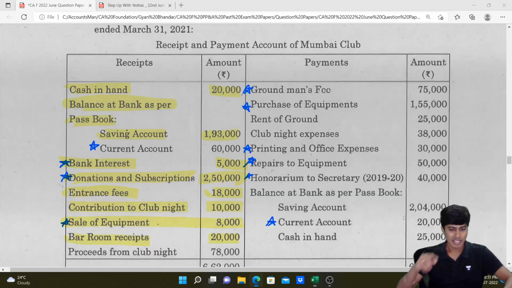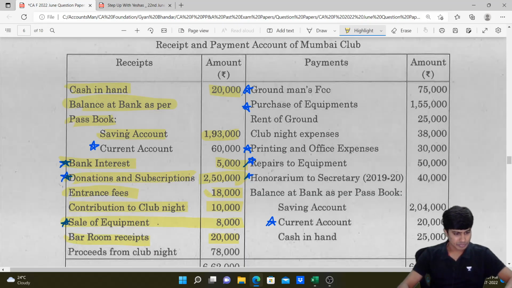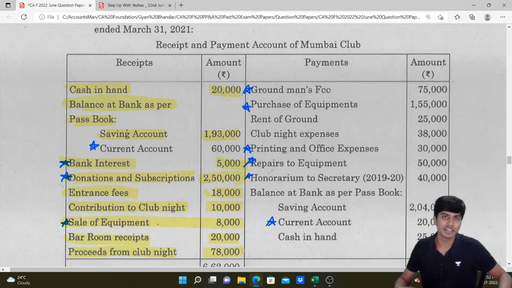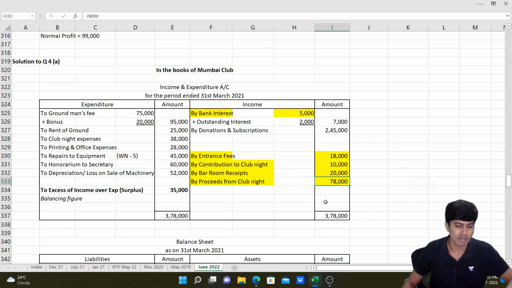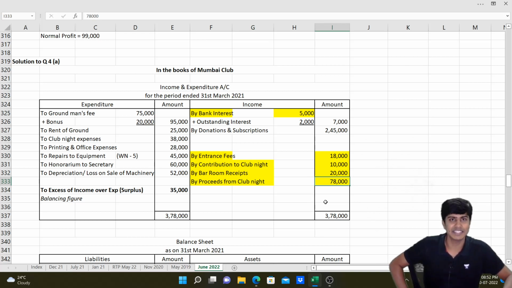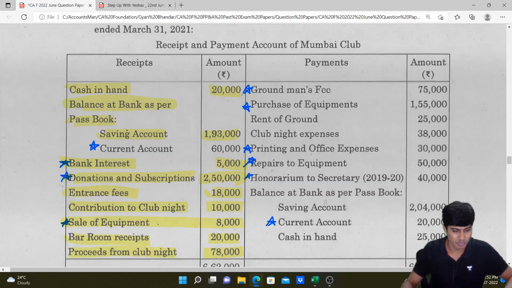Got it? Then proceeds of club night 78,000 rupees. So club night may have collected some money, 78,000. That will become income. So I'll write in my income and expenditure account on the credit income 78,000 rupees as proceeds from club night. Yeah. What do we have after that?